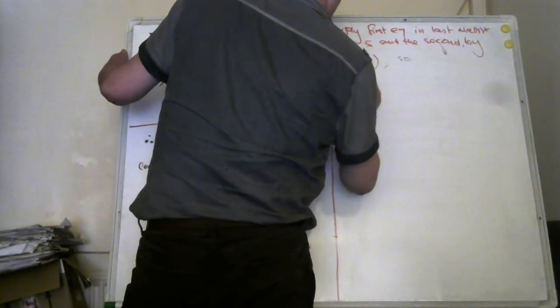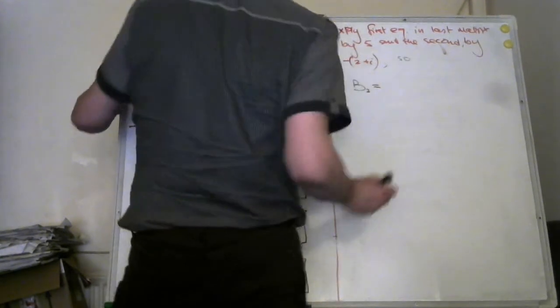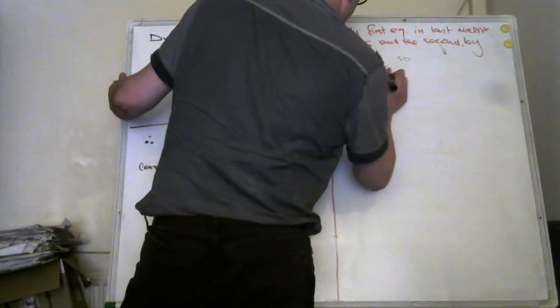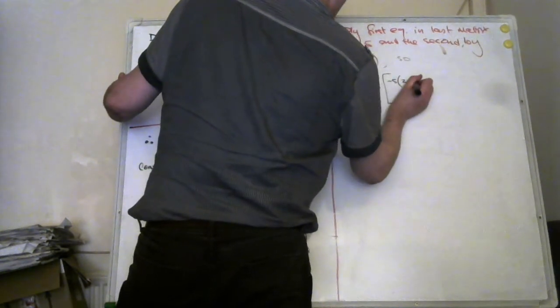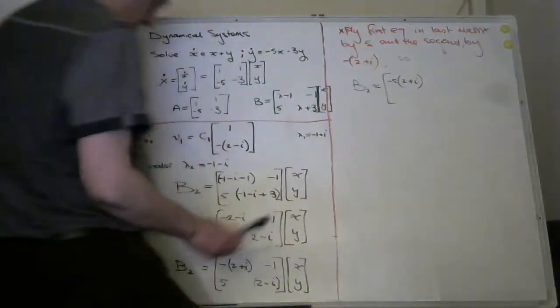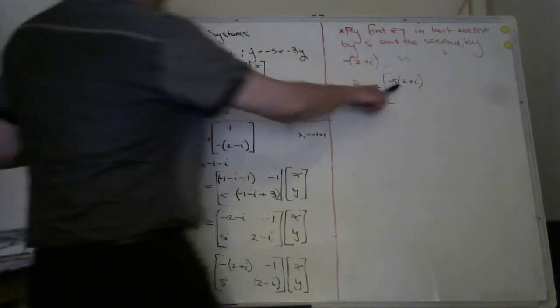So we've got B2 equal to minus 5(2 plus i). So minus (2 plus i) times 5 gives you minus 5(2 plus i).